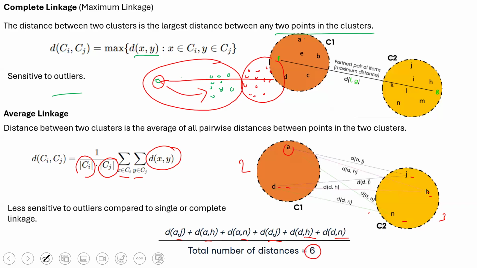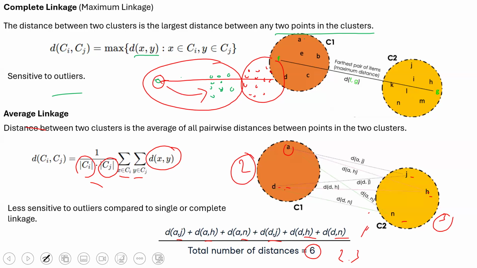From A to 3 and from D to 3. So that is the total number of distances, which is nothing but 2 into 3. The size of cluster 1 is 2, size of cluster 2 is 3. From every point in cluster 1, the distance to every point in cluster 2 is calculated. So you divide that in the denominator by 2 into 3. So this is called average linkage. If this is used for calculating the distance between the two clusters, we call that the average linkage function.